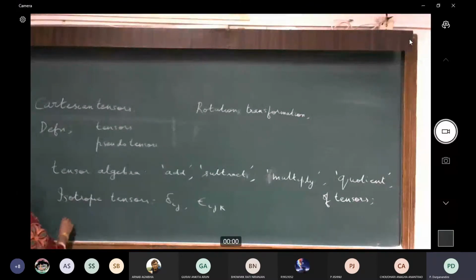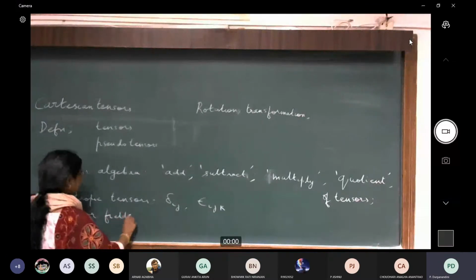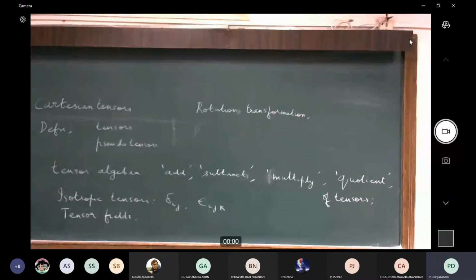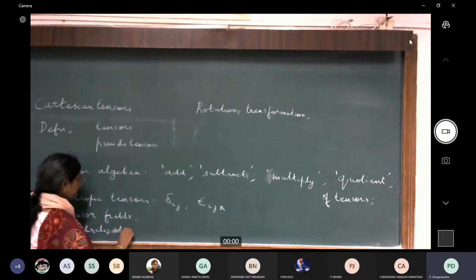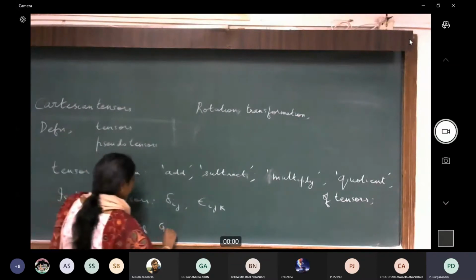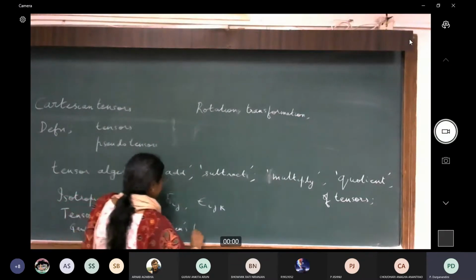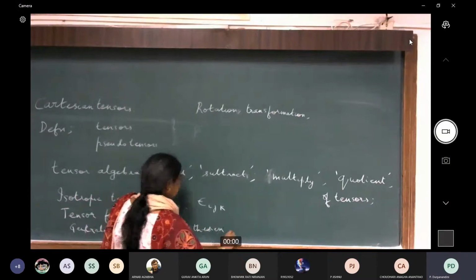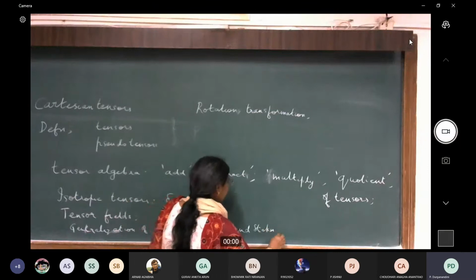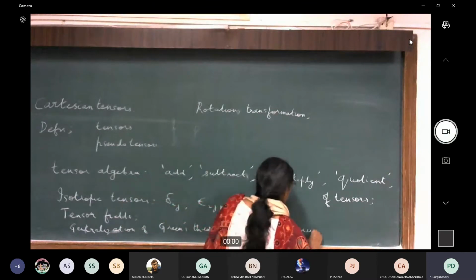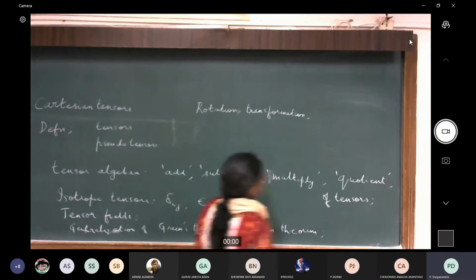Then I introduced the idea of tensor fields. Then we talked about generalizing some integral theorems, the generalization of Green's theorem and Stokes theorem for tensors.